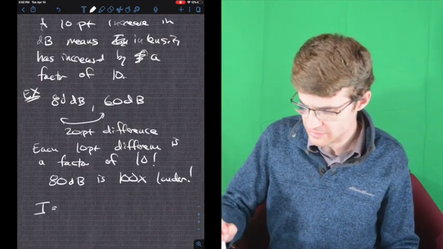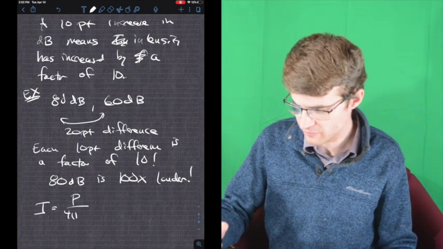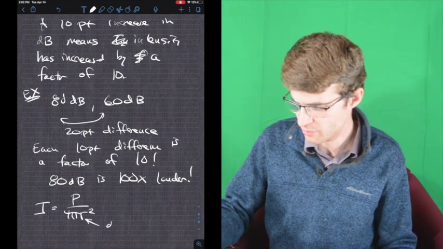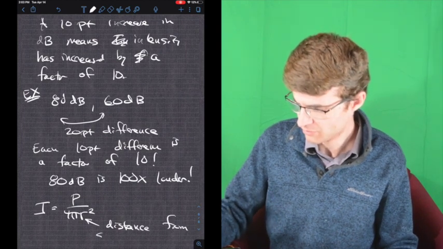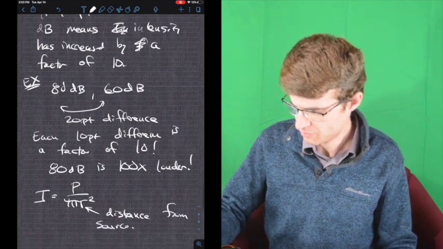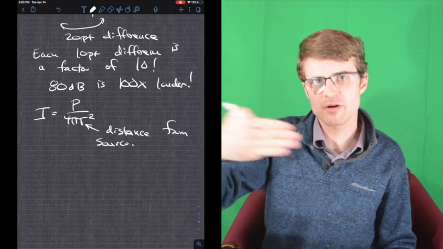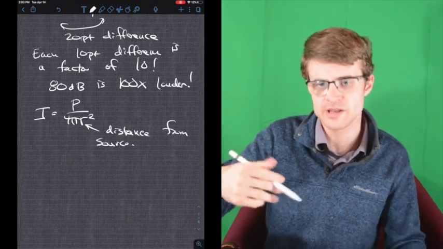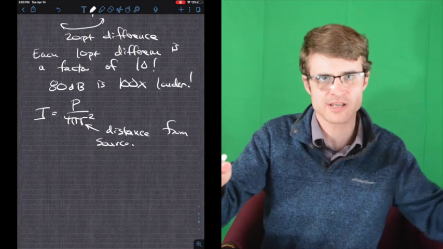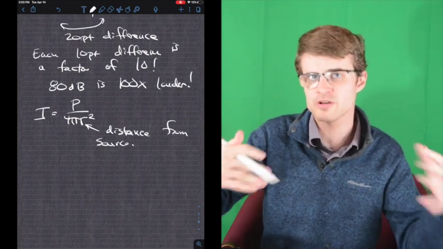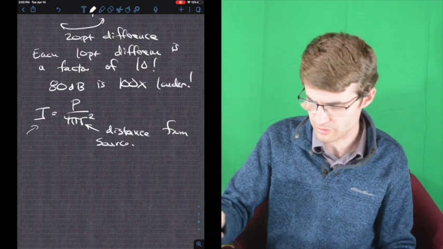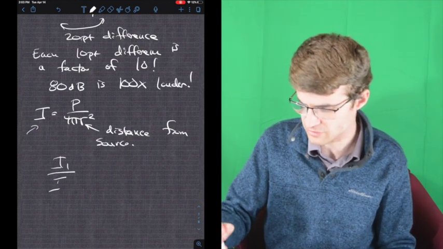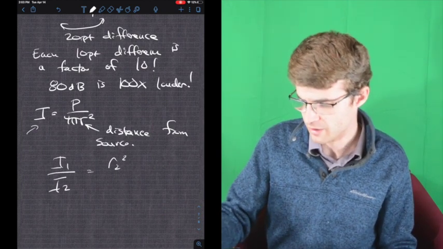Remember that intensity is just the power divided by 4 pi r squared, where r is the distance from the source. If we want to compare intensities at different radii, say you have someone at 100 meters listening to a sound versus someone at 1,000, and you want to know how the intensity falls off, you can use this formula and rewrite it for two different intensities and two different radii in this way.